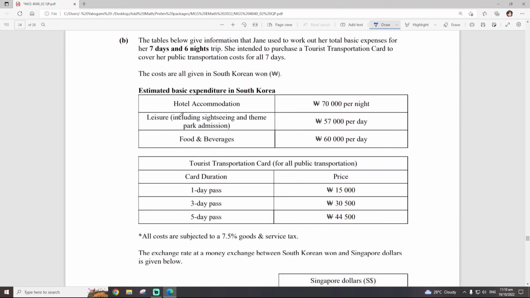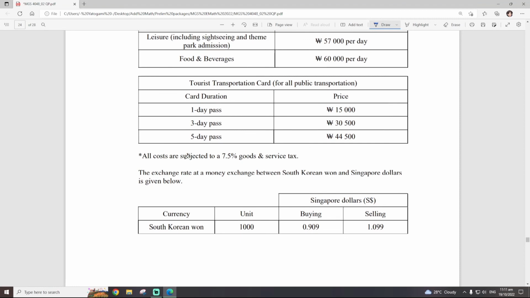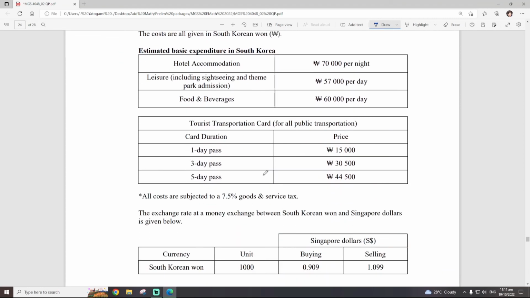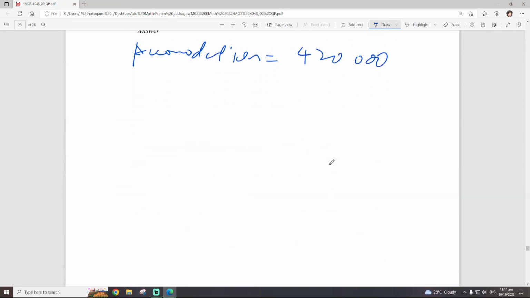Leisure is, and you're paying this 6 times, you're paying the rest 7 times. And because everything is subject to a 7.5% goods and service tax, I will actually be multiplying everything by 7.5% at the end, for convenience.